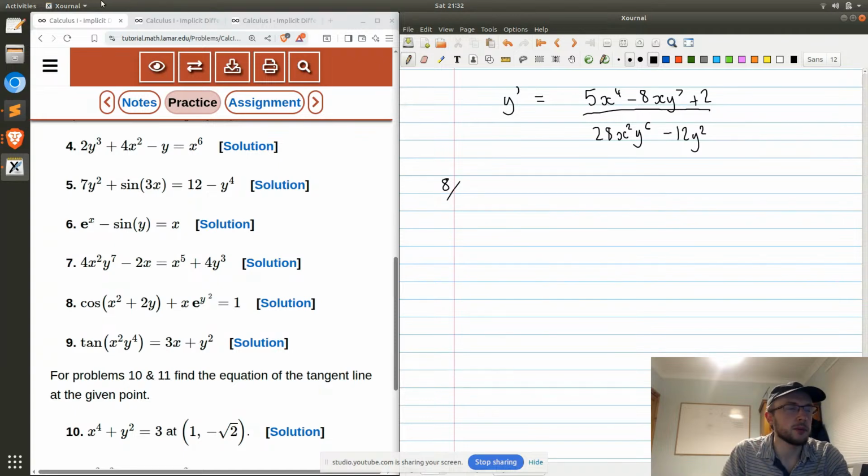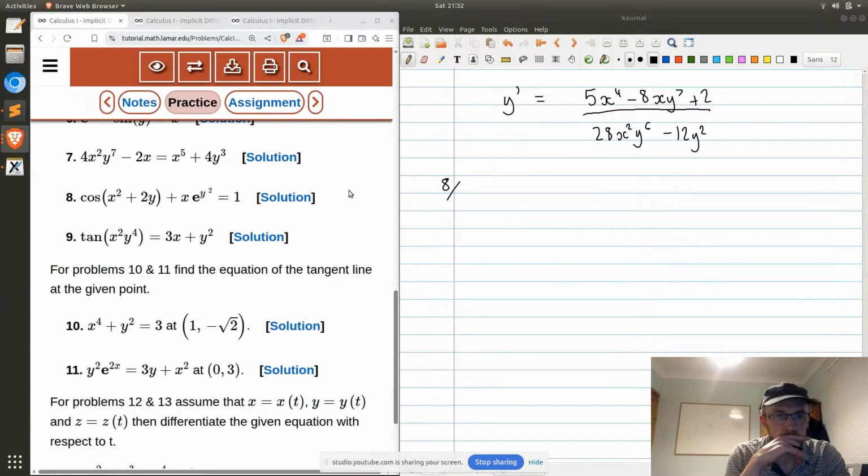Okay, now problem 8. Cosine of x squared plus 2y, all plus x times e to the y squared equals 1. Cosine goes to minus sine, and this is the chain rule.